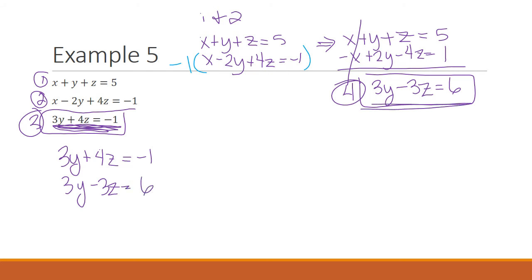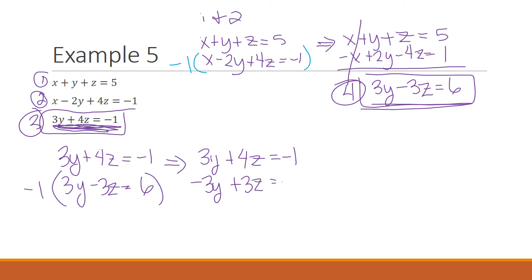If I want to cancel something out, both of these have 3 y's, so I'm just going to multiply one of them by negative 1 again. So my new equations: 3y plus 4z equals -1, and minus 3y plus 3z equals -6. And I can combine those, my y's cancel out. I've got 7z equals -7, so z equals -1.